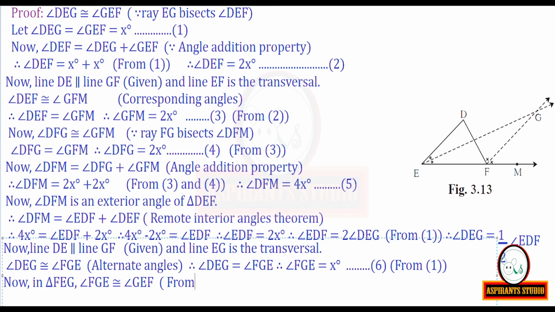So you can apply the converse of isosceles triangle theorem. So by the converse of isosceles triangle theorem, in a triangle when two angles are congruent, the opposite sides are congruent. Therefore EF is equal to FG. You have to write the reason by the converse of isosceles triangle theorem. Hence we have proved the second part also.